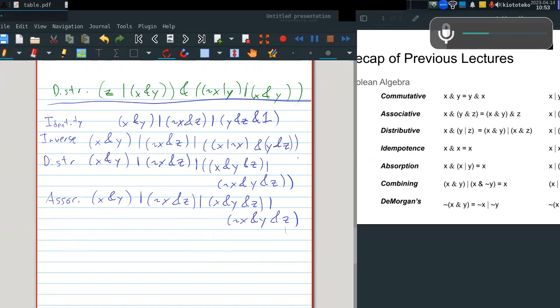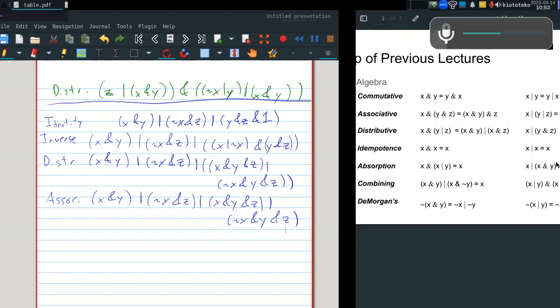There's one in here that I think we haven't used, or we have. Which one do you think we should use? I think it's absorption. Yeah, right. So let's see.